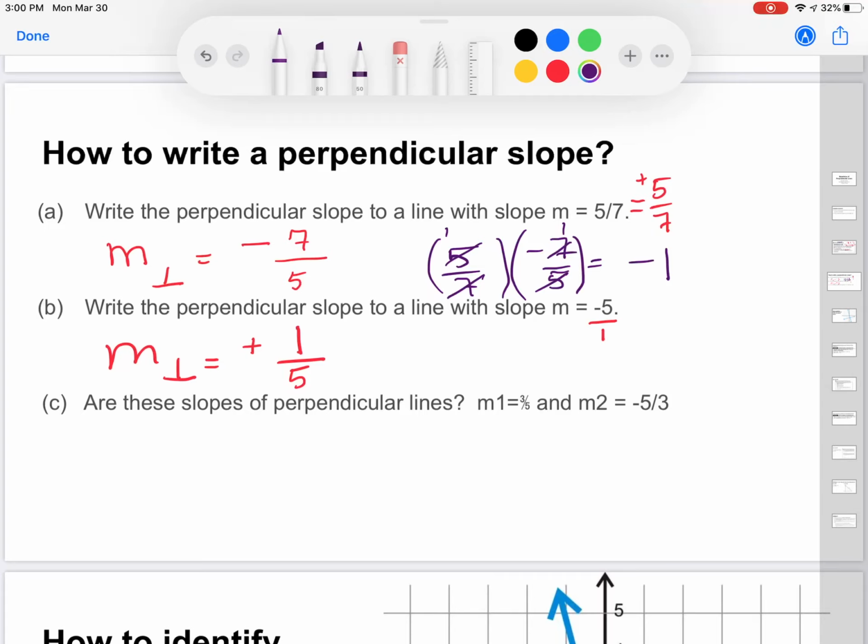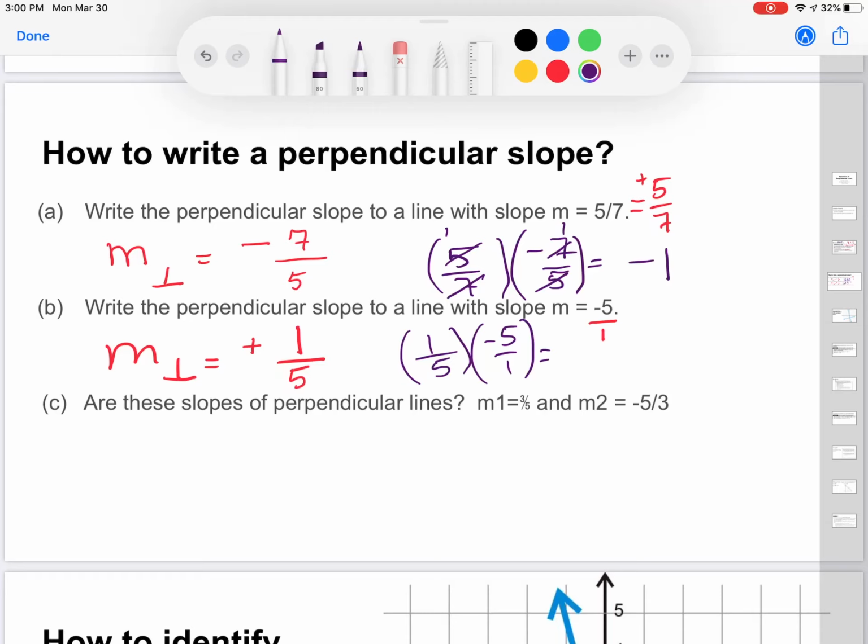So let's look at the next one, okay? We're going to look at 1/5. We're going to multiply that times negative 5 over 1. But I want to do this one a little bit differently. If you recall, when multiplying fractions, you do 1 times negative 5.